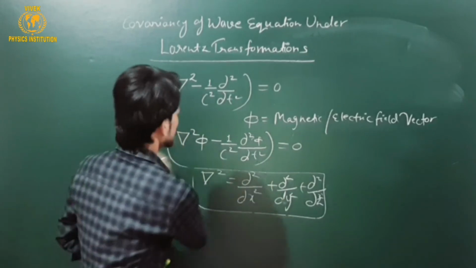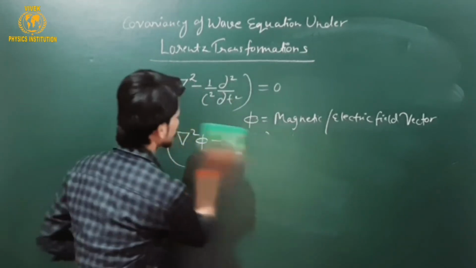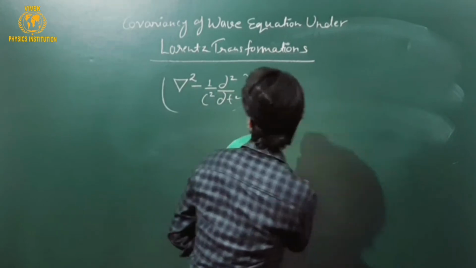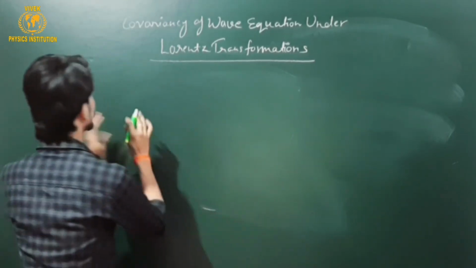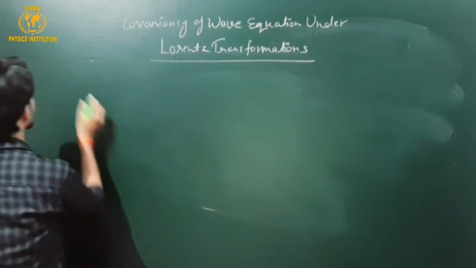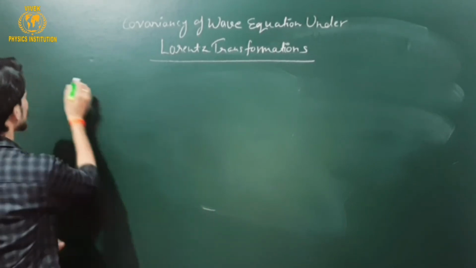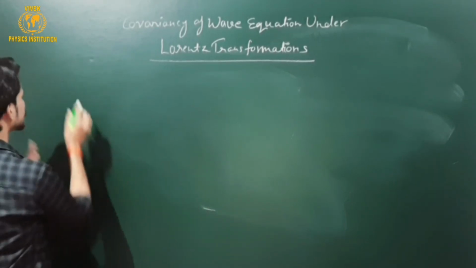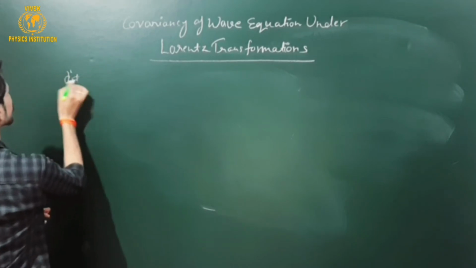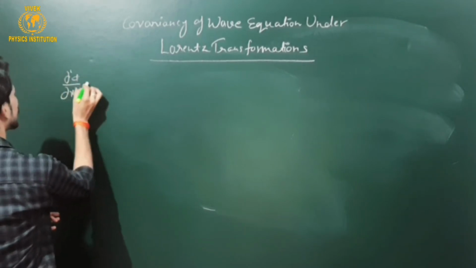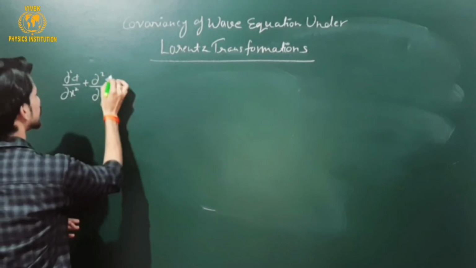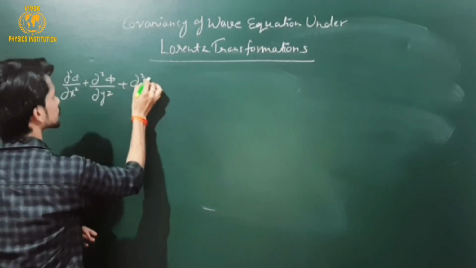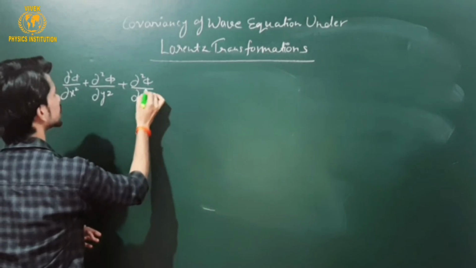Generally, in the simple form, the wave equation is as I have written. Del square phi means del square phi upon del x square plus del square phi upon del y square plus del square phi upon del z square.